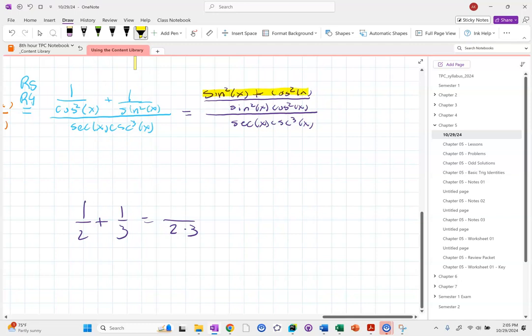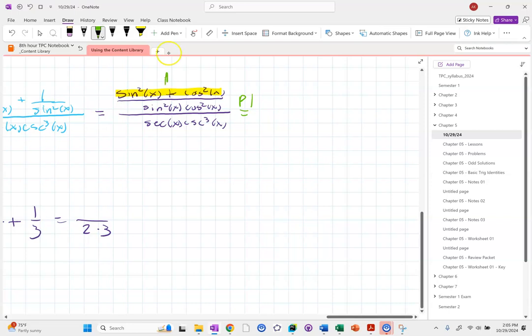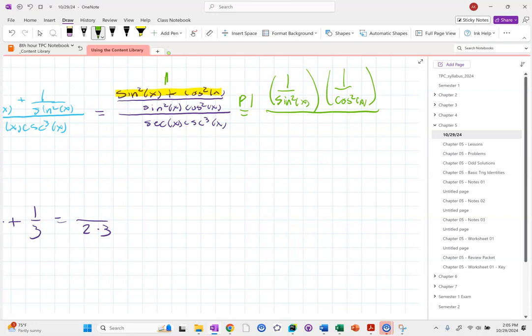What do I see here? That is a Pythagorean identity, that's P1. Sine squared plus cosine squared is 1. Now I'm going to rewrite that numerator: instead of 1 over sine squared times cosine squared, I'm going to write 1 over sine squared times 1 over cosine squared.